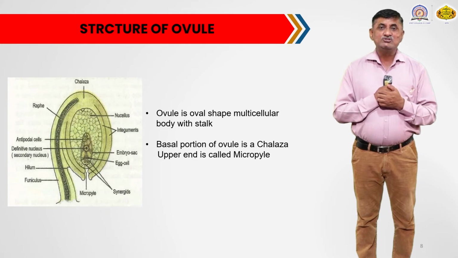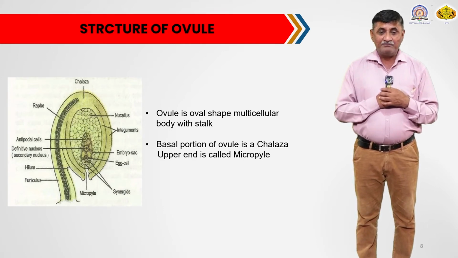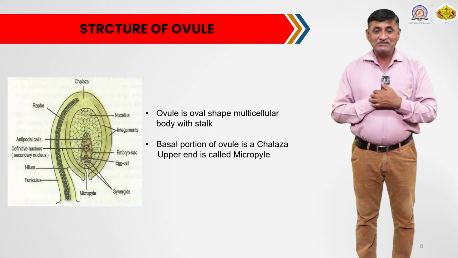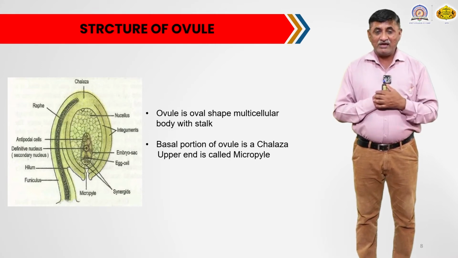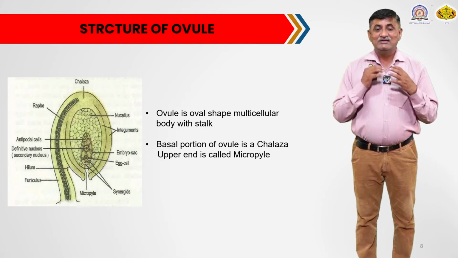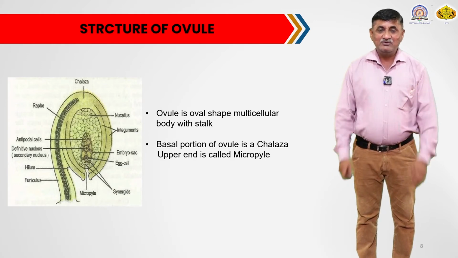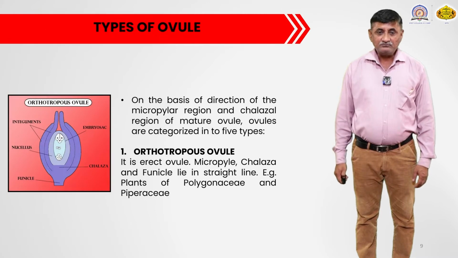In general the embryo sac may be 8 nucleated. From those 8 nuclei, at the center there is the secondary nucleus. Towards the chalazal end there are antipodal cells, and towards the micropylar end there are the egg cell and synergids. So this is the typical angiospermic ovule structure.